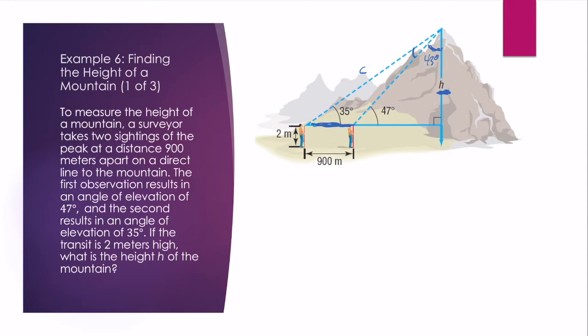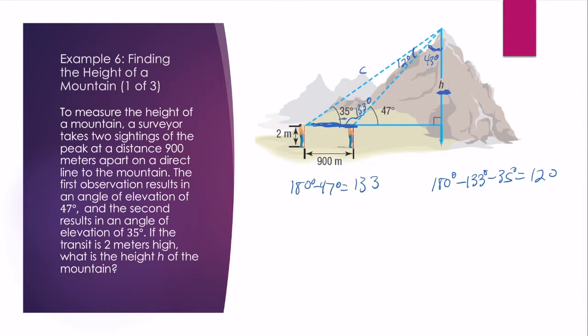Well, the first step would be to realize that 47 and this angle over here are supplements. So 180 degrees minus 47 degrees is 133 degrees. Now that I know this triangle has an angle of 35 degrees and an angle of 133 degrees, I can take 180 degrees minus 133 minus 35 degrees, and I get an angle of 12 degrees.